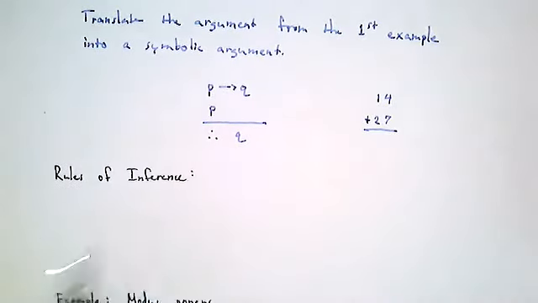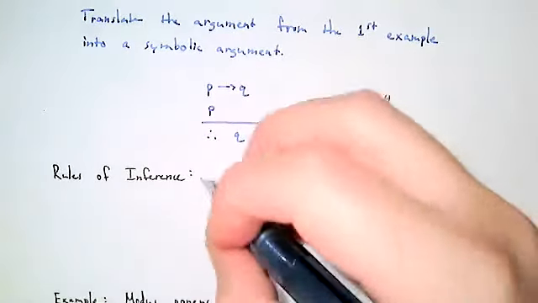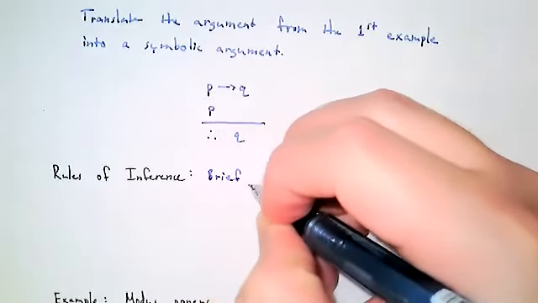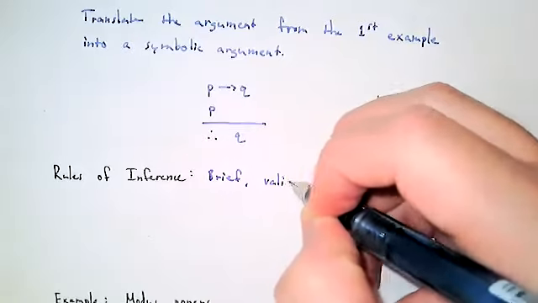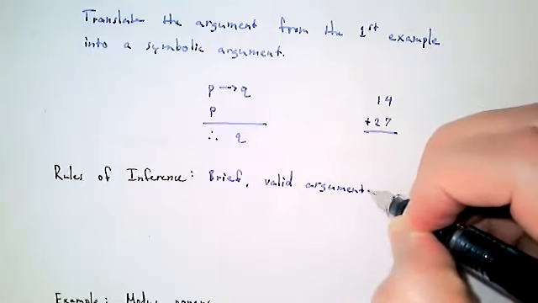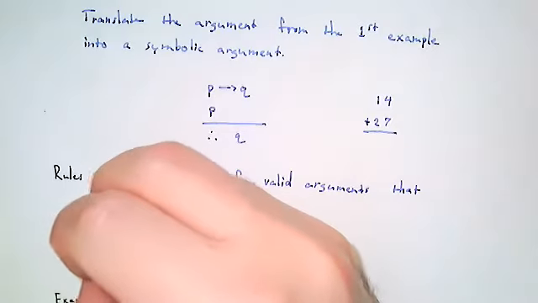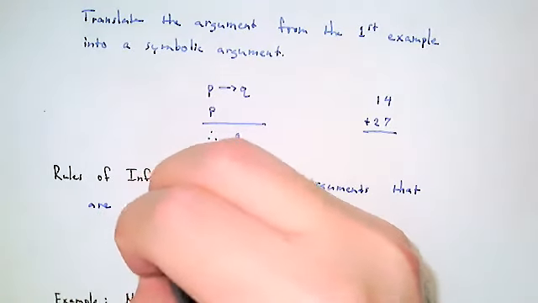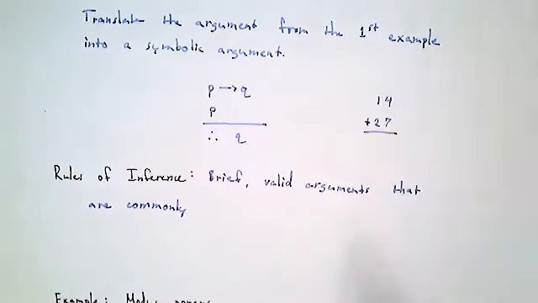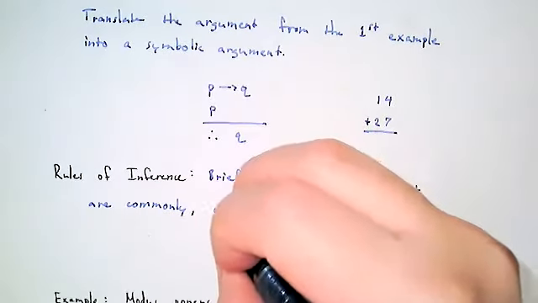And this next thing, rules of inference, these are basically a list of brief, valid arguments that show up everywhere. And you often use these short arguments, like this one, in order to build larger, more complex arguments.